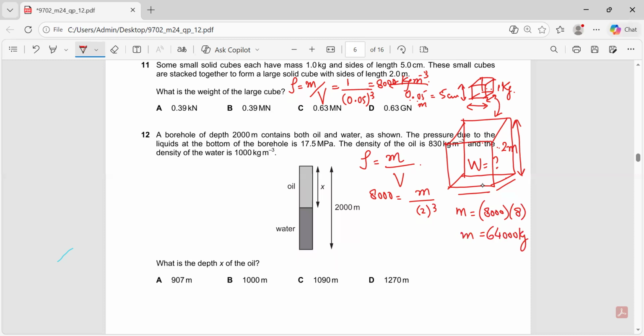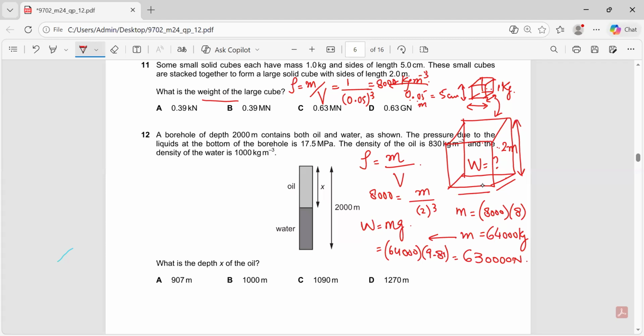This is its mass. But in question, it has asked about weight. So how will this be found? W is equals to mg. So what is the mass? 64,000. What is the value of g? 9.81. So it will roughly be equivalent to 630,000 newtons.